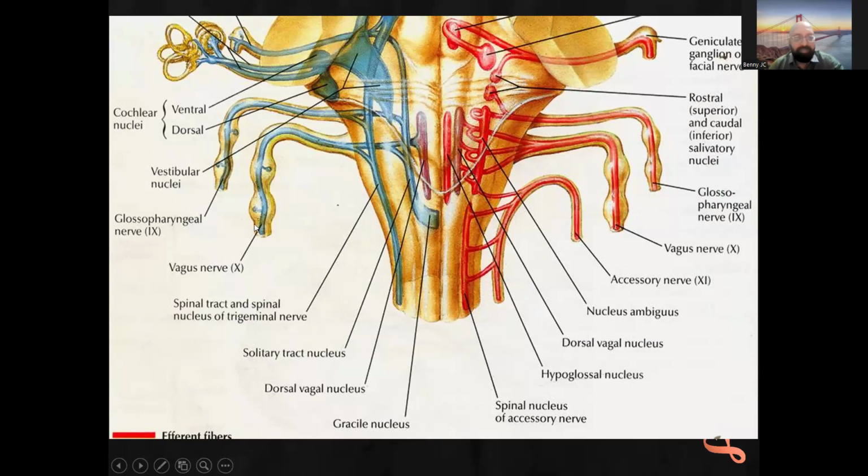Coming to the sensory, which we see in the blue, we can see these fibers coming through the glossopharyngeal nerve. Many of these fibers connect to the spinal nucleus of the trigeminal. The spinal nucleus of the trigeminal, as the name says, is a very long nucleus which we will see from the upper segments of the spinal cord, the medulla, and then into the pons.